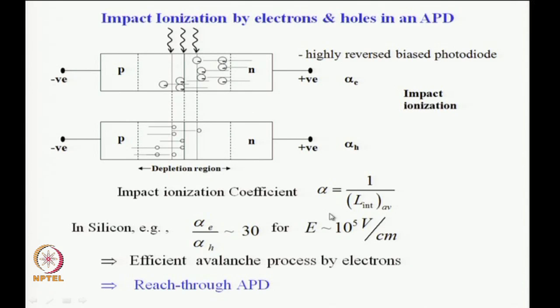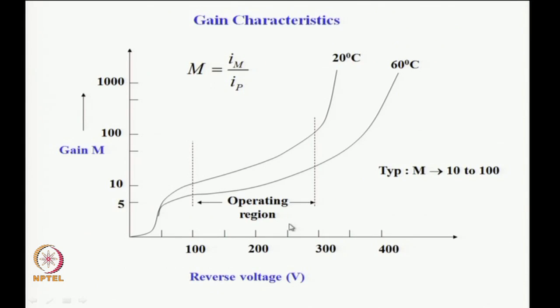If the temperature is higher, then the electrons do not have enough energy between two collisions, and therefore the number of collisions which lead to generation of additional carrier pairs decreases, and therefore the current gain decreases.